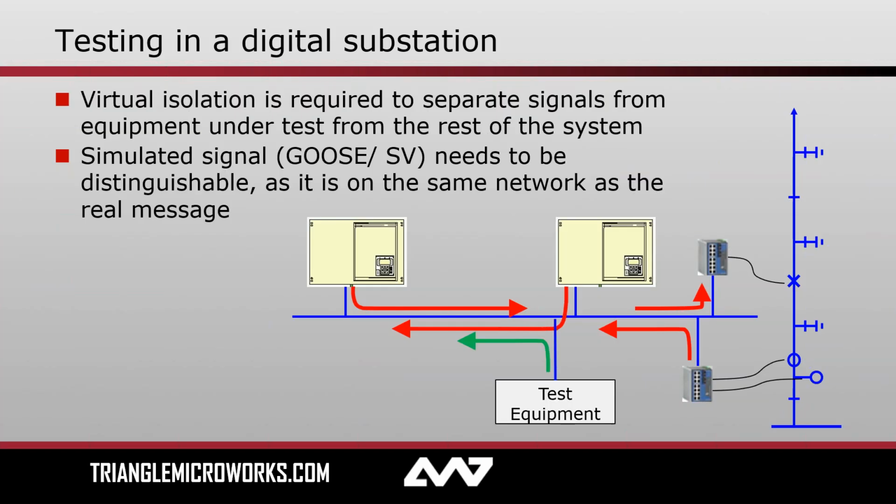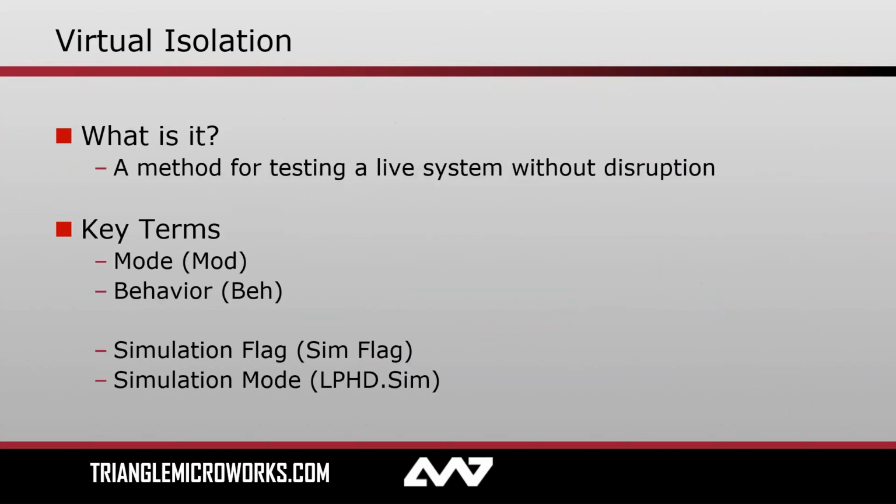So we need a way to be able to pass in test equipment and have it go to maybe just a single device, to tell it a test set of voltages or currents as an example, so that that device can operate its test functionality without disrupting our entire system. The way we do that is virtual isolation.